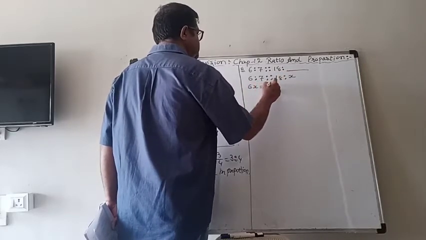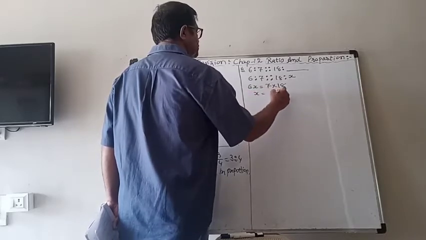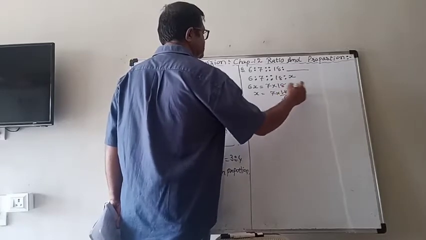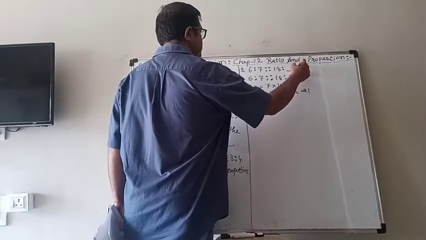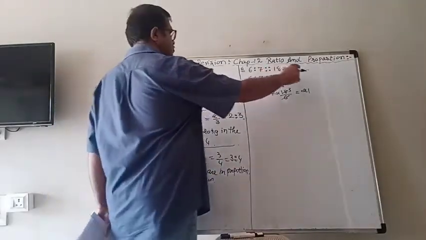So 6x is equal to 7 into 18. So x is equal to 7 into 18 by 6. So 7 3s are 21. So the required answer is 21.